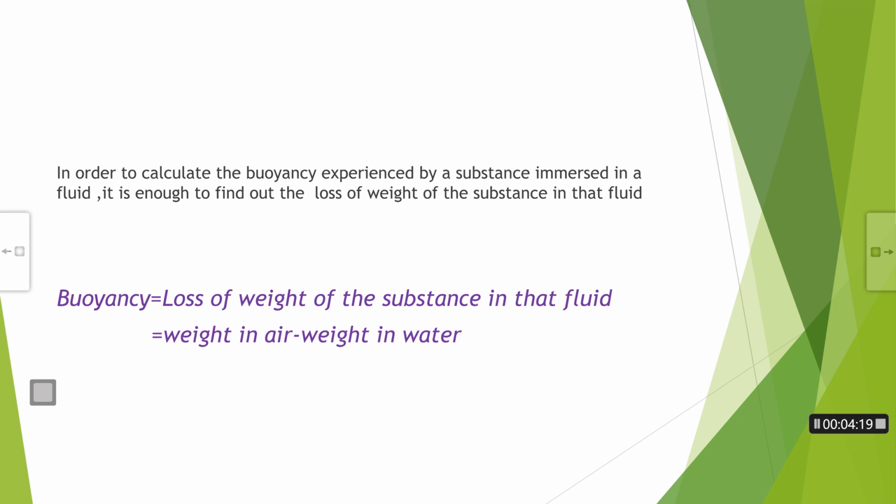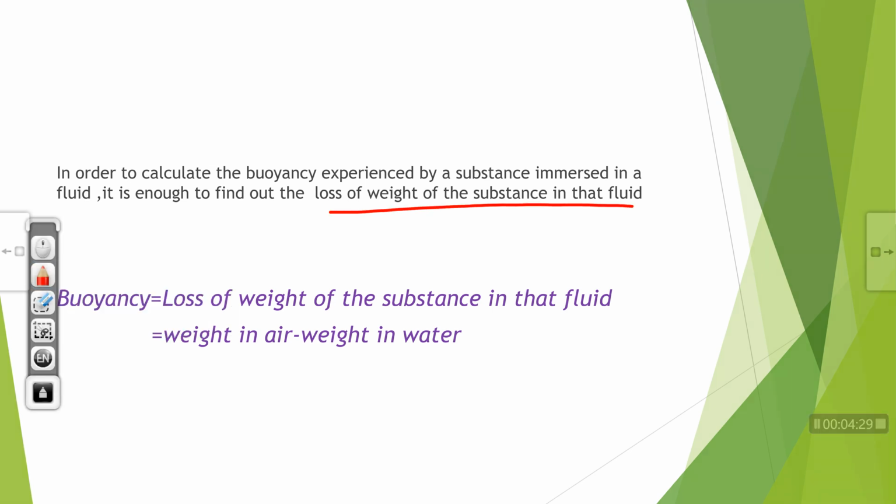So, in order to calculate the buoyancy experienced by a substance immersed in a fluid, it is enough to find out the loss of weight of the substance in that fluid. So, buoyancy is equal to loss of weight of substance in that fluid. That is weight in air minus weight in water. So, we can calculate buoyancy by finding out the loss of weight. That is weight in air minus weight in water.